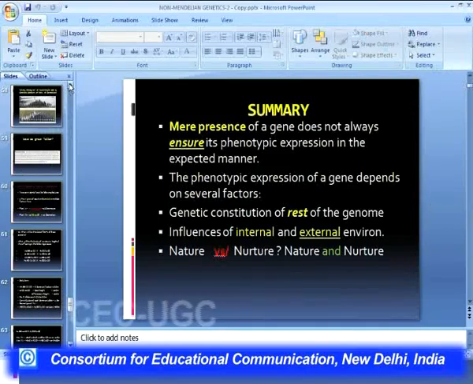So, these are some of the aspects of quantitative inheritance. We can exemplify our talk with the help of certain numericals if we wish to talk about such points. But then these numericals would require foundations of the type of formulae that we have discussed, and that is 2n plus 1.